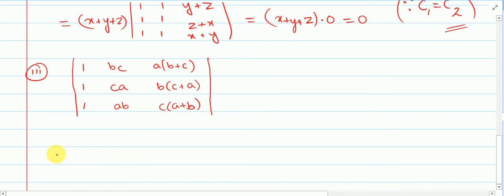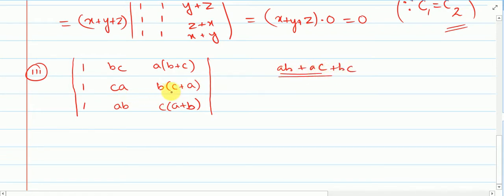Here also you see nothing common right now, neither in rows nor in columns. But here you see one thing, if you open this bracket, you will get AB plus AC. And to this if second column is added to it, that means you get this AB, BC, CA.